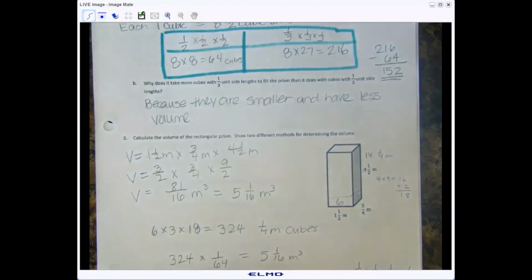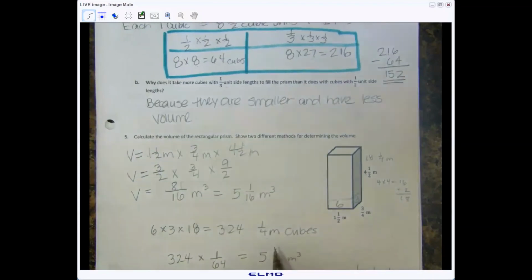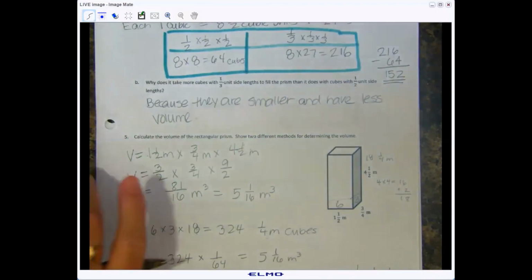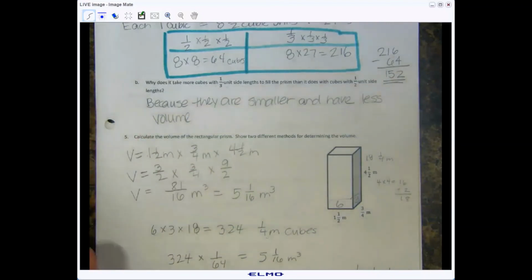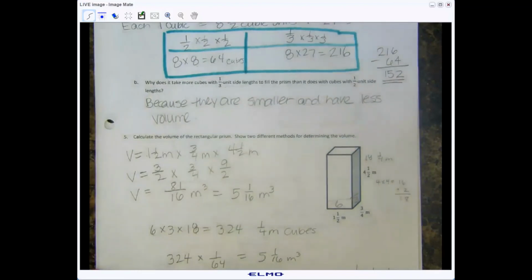So now I have to multiply, and I know that there are 64. Have we done that? I can't remember if we did that.